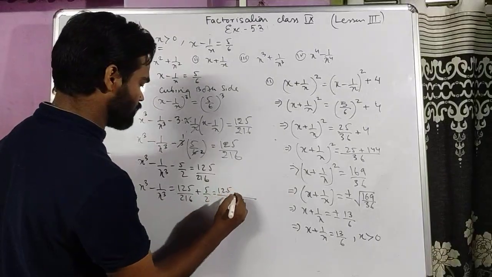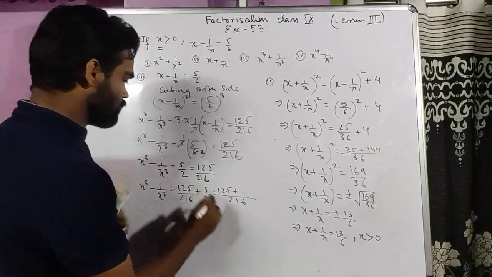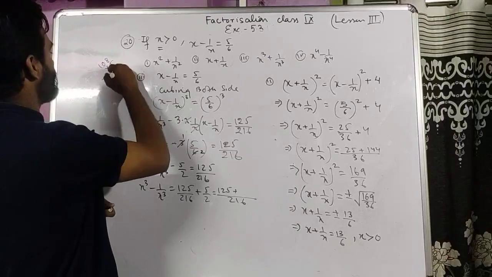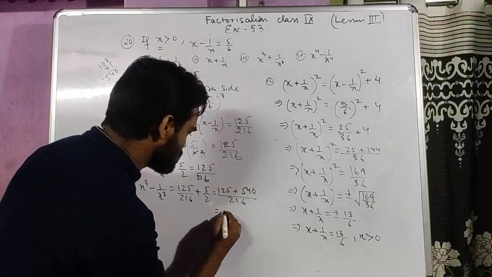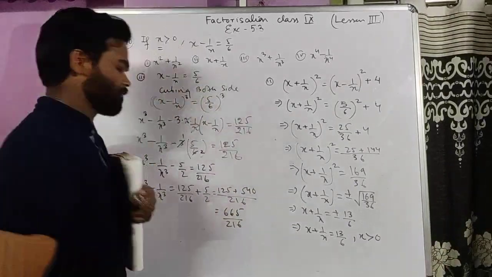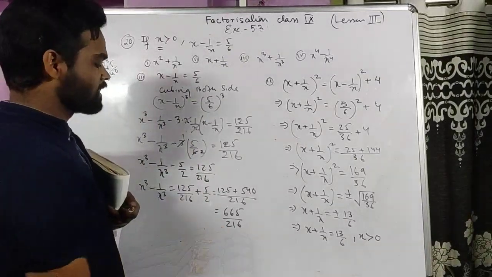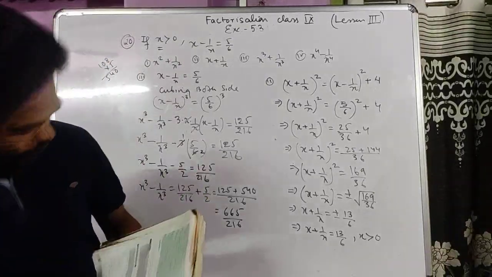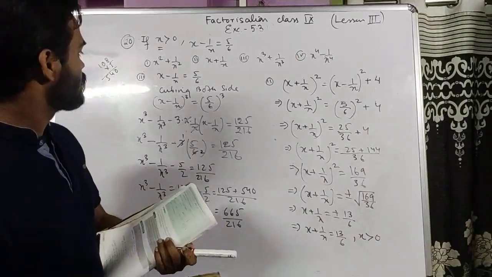This is 125, and this is 5 into 108. So 108 into 5, this is 540. This is 665 by 216. So x cube minus 1 by x cube will be 665 by 216. Now we look at the last part.